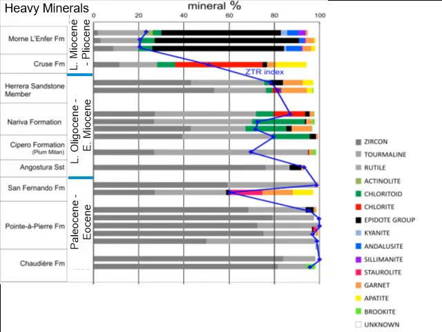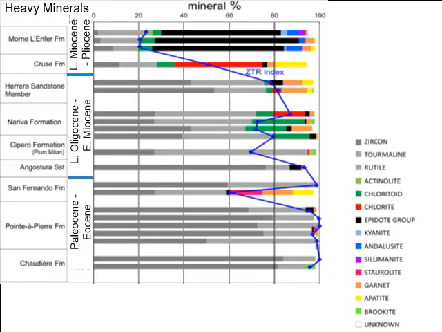Let's make a few key observations. The first observation is that there's a very large swath of this gray color. This gray color identifies what I previously referred to as the ZTR assemblage, the zircon, tourmaline, rutile assemblage, which suggests a very mature heavy mineral group of rocks, and as you recall, characterized by either very stable cratons or high rates of chemical weathering.